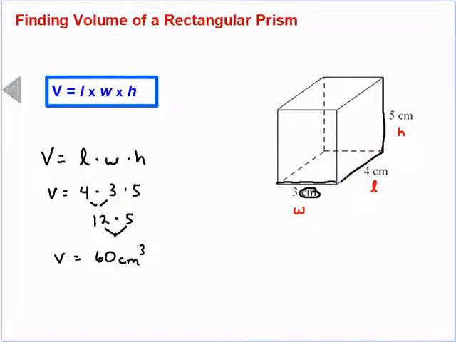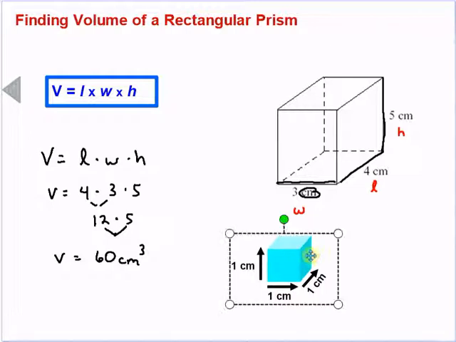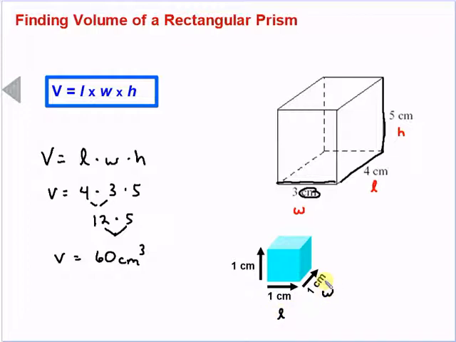Now, this reminds us, if you remember, we talked about our unit cubes. If we wanted to find the volume of this little unit cube here, we would multiply our length times our width times our height. And that would give us 1 times 1 times 1.